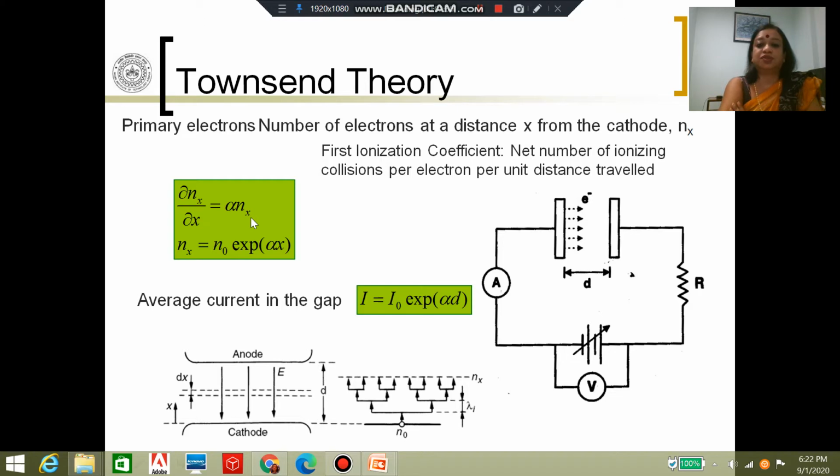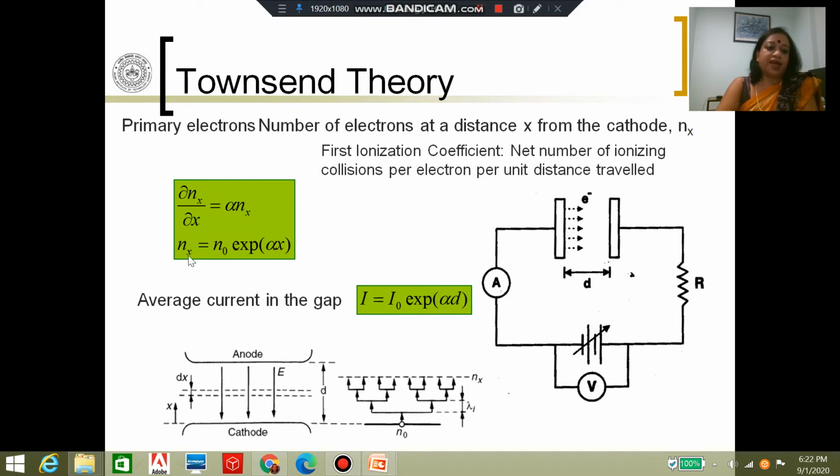Alpha is Townsend's first ionization coefficient, and it may be defined as the net number of ionizing collisions per electron per unit distance traveled in the electrode gap. So as every electron moves in the direction of the electric field from the cathode to the anode, it causes alpha number of ionizing collisions per unit length of travel.